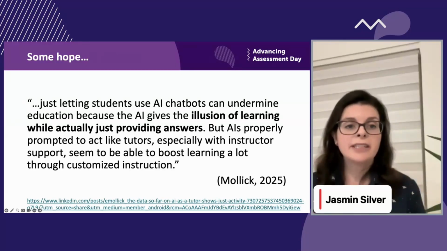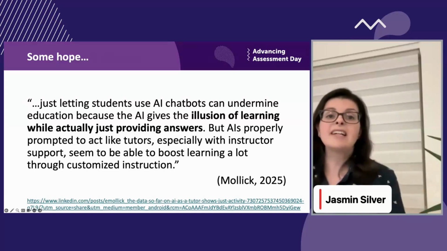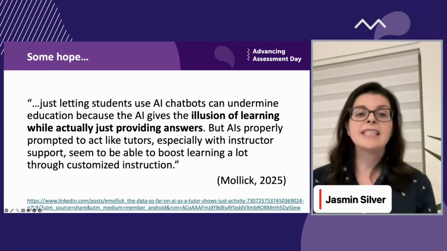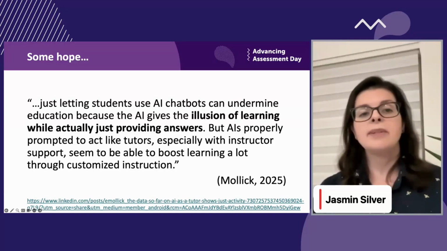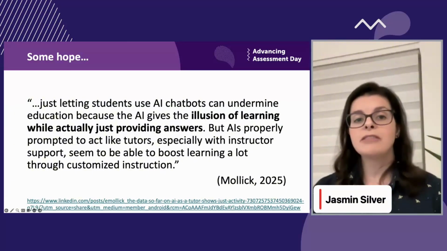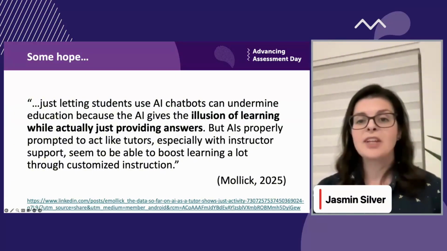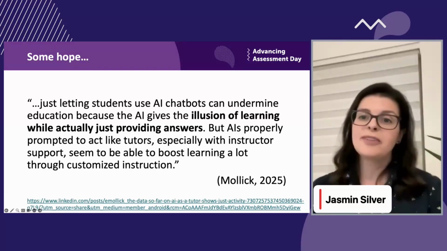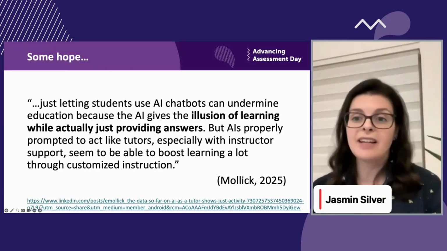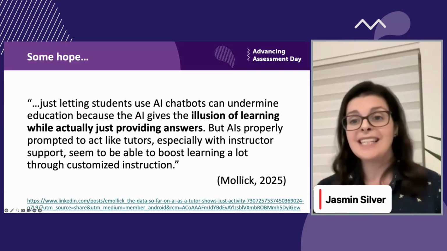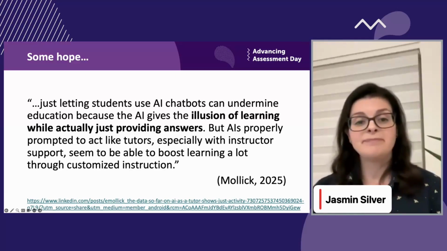So he sums up the research by saying, if we just let our students use AI chatbots, this can undermine education, because AI gives the illusion of learning while actually just providing answers. So like in the screen before, they might have the illusion that they are learning something, but the reality is that they are not.